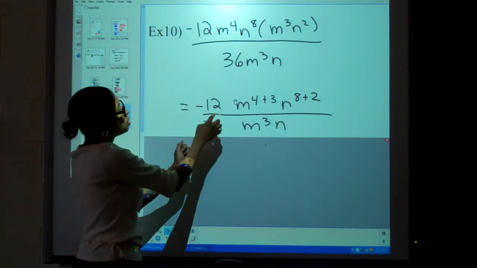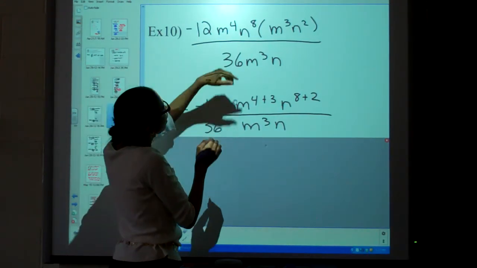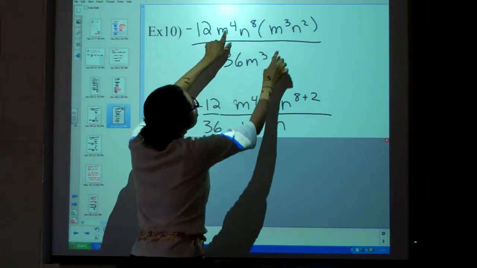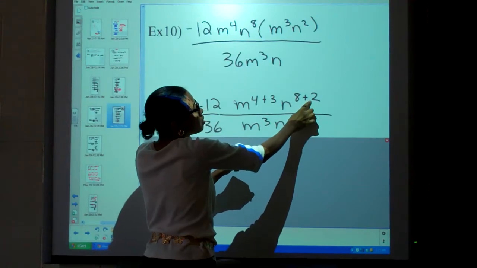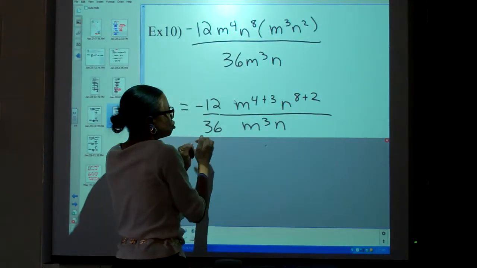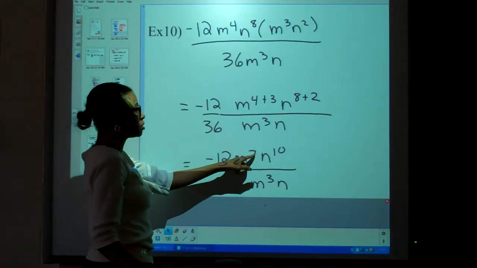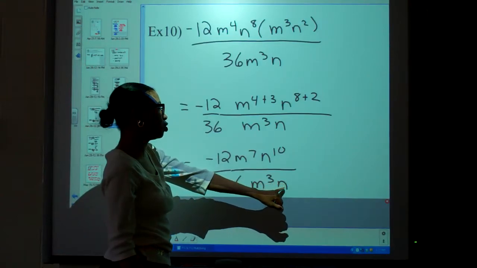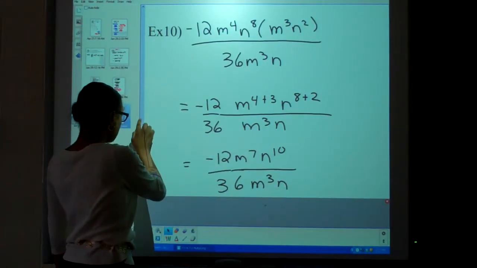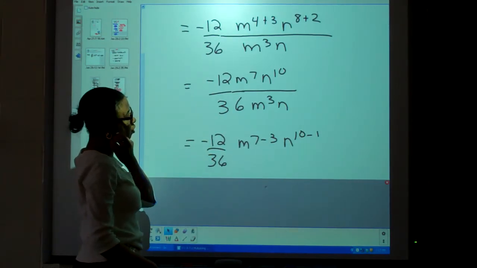I separate the negative 12 over 36, which you can do, it's still multiplication. m to the 4 plus 3, the same base, so we add the exponents, n to the 8 plus 2, over 36m cubed n. So I have negative 12 m to the 7 n to the 10th divided by 36 m cubed n.